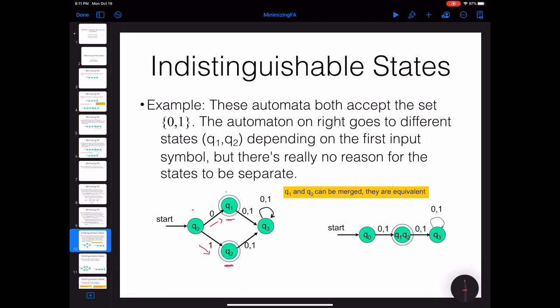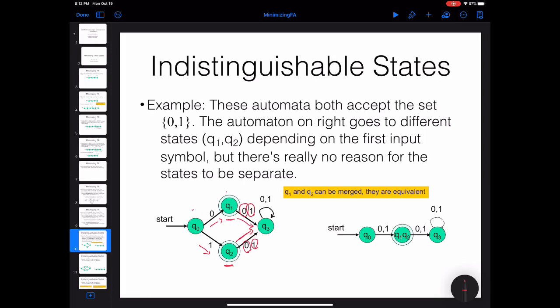As you can see, from Q1, by seeing a 0, I'm going to Q3. From Q2, by seeing a 0, I'm going to Q3 as well. So far, their behavior is similar. I still need to check another thing. From Q1 with a transition over 1, I'm going to Q3. From Q2 with a transition over 1, again, I'm going to Q3.